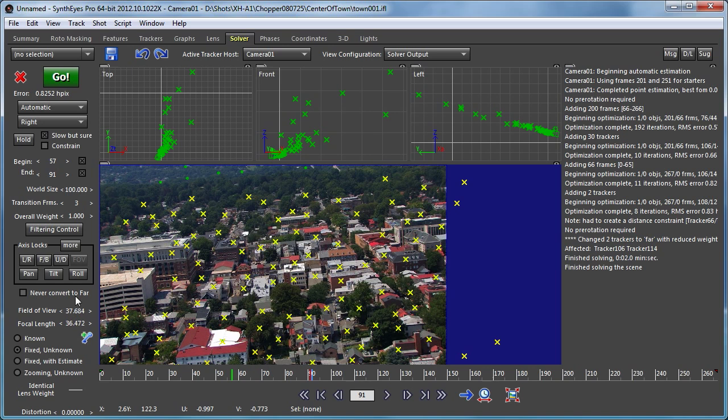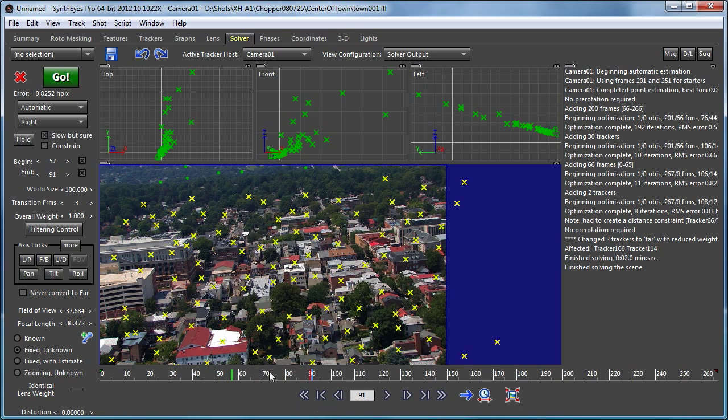So this lets you give SynthEyes an idea of what's happening during a particular section of the move, and it also lets you tell SynthEyes what's a reliable portion of the shot. What portion of the shot is really exhibiting strong perspective shifts that it should be looking at.